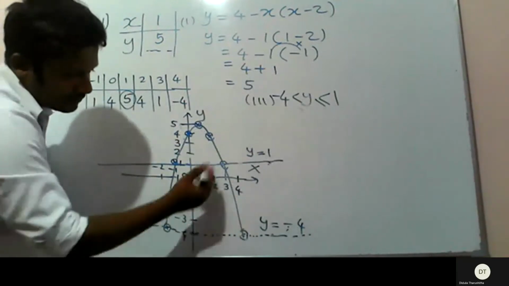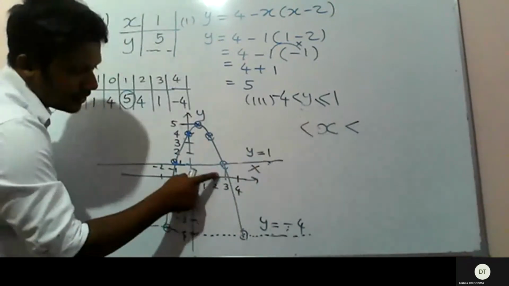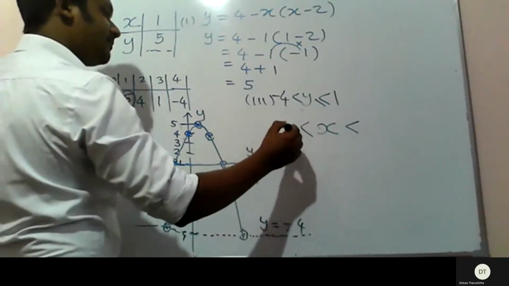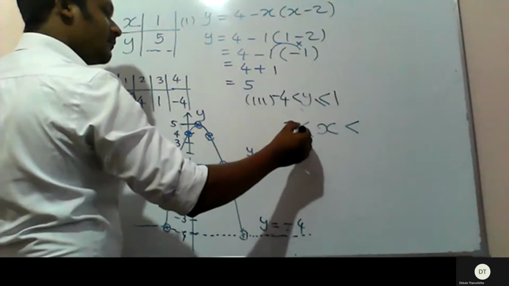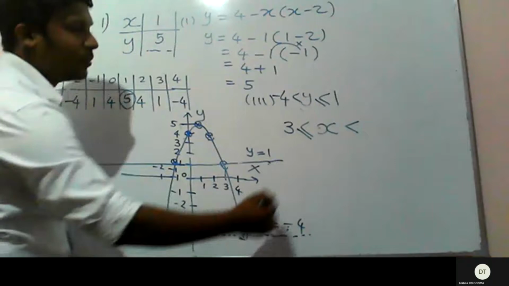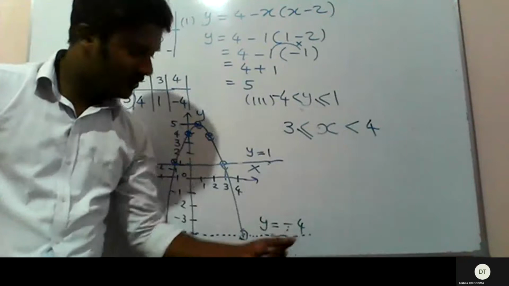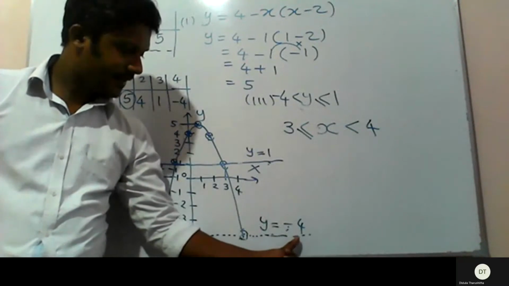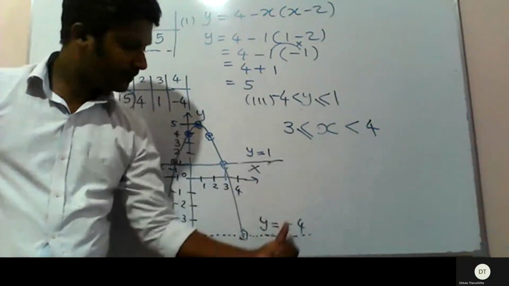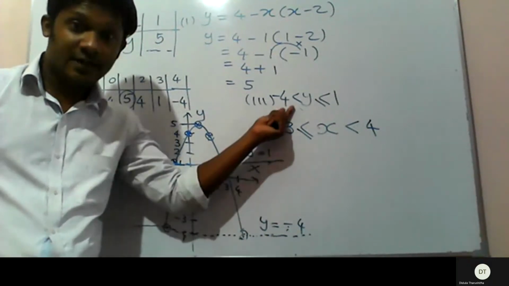Then we write the range of x between plus 3 we can consider, and plus 4, but we cannot write the equal sign because you cannot take minus 4 for the solution.